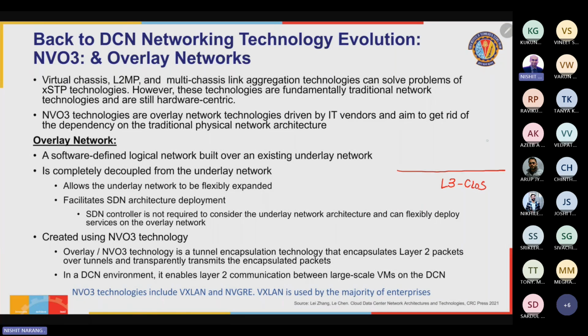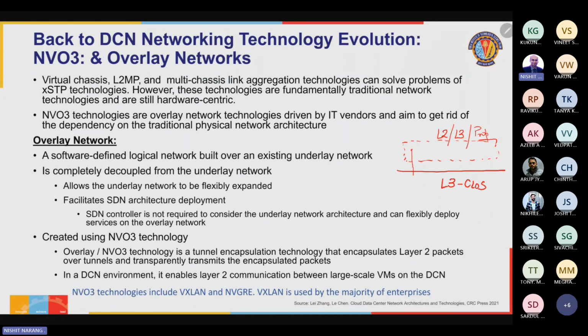The overlay network is a tenant specific network being created between the tenant's server machines. It could be an L2 network, it could be an L3 network, it could even be some other proprietary networking protocol that the tenant wants to use between its machines.